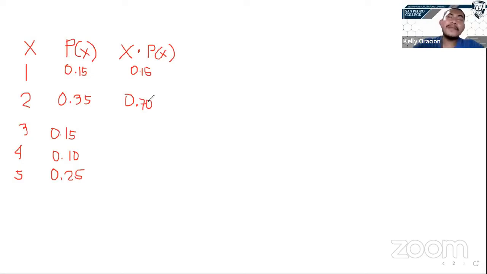Please correct me if I'm wrong. 3 times 0.15 is 0.45. 4 times 0.10 is 0.40. Then 5 times 0.25 is 1.25. You are going to add all of them to get the summation, to get the mean.